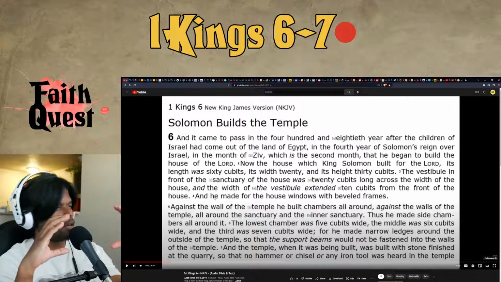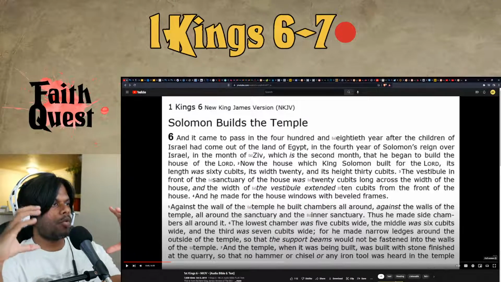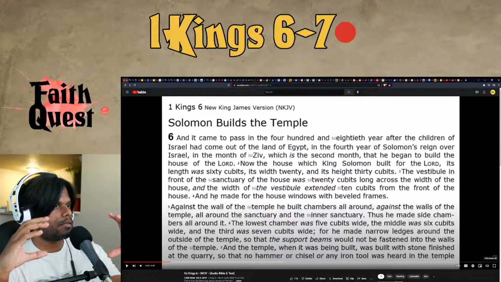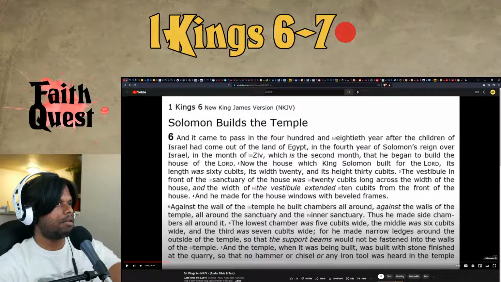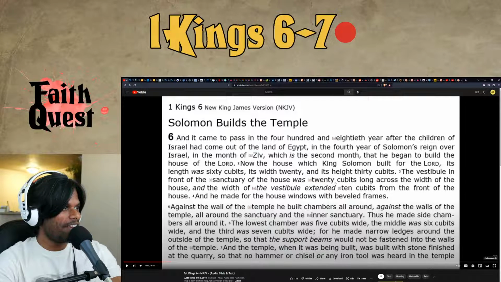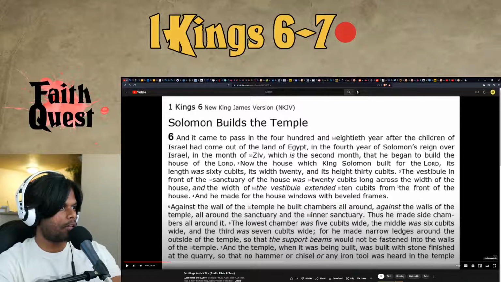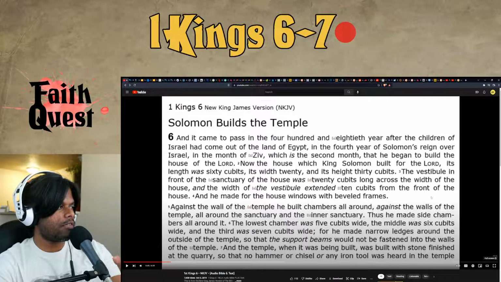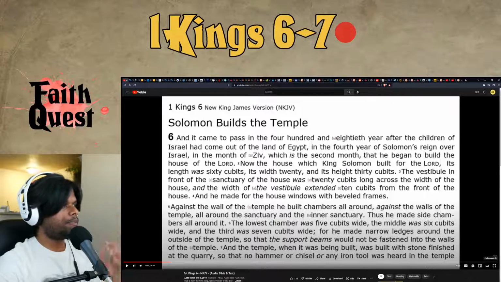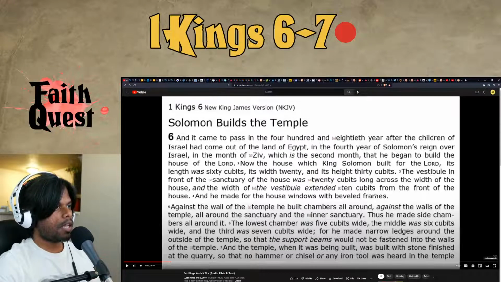So you have the tabernacle, and it's extending right from the front of the tabernacle, 10 cubits long, and the width of it is the same width as, right? No, the width, 10 cubits along the width, right? And 20 length. But it extended 10 cubits from the front of the house. So what does that mean? Yeah, we get the width, but what does that mean?